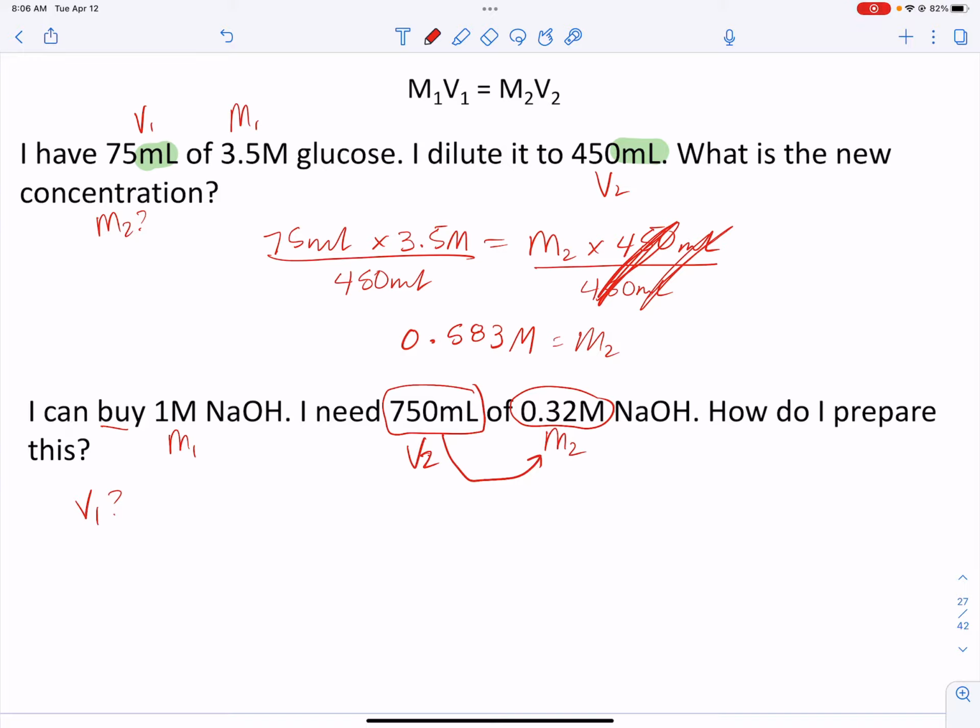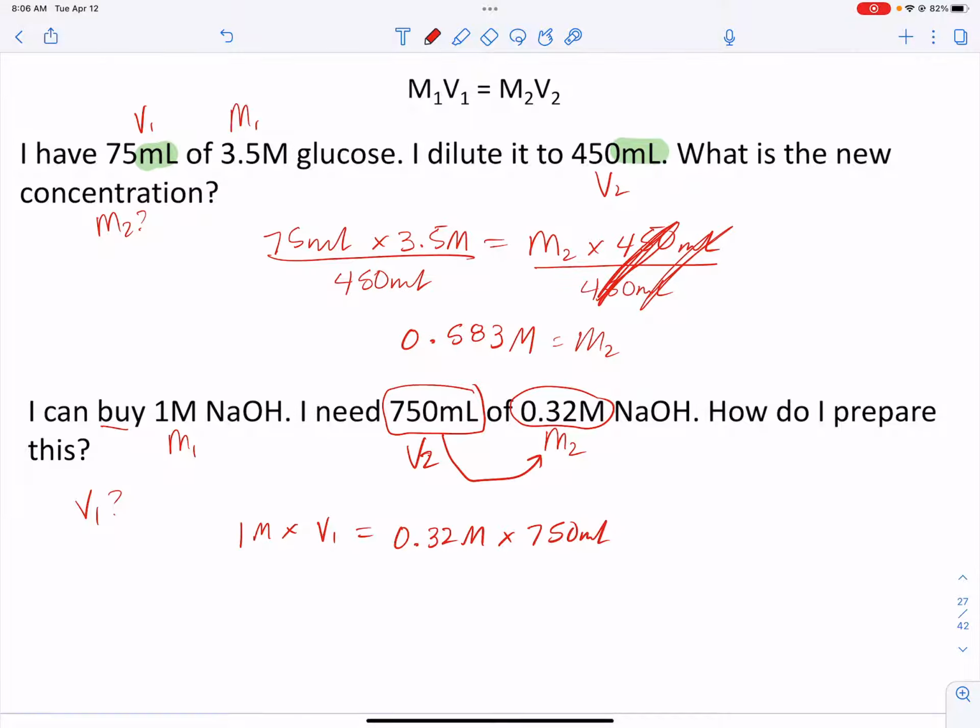All right, so now if we're looking for V1, we know M1, which is 1 molar, times V1 is going to be equal to 0.32 molar times 750 milliliters. Okay. We don't have to convert milliliters to liters here. It's fine to work this with milliliters. We just have to understand that units on our answer are going to also be in milliliters, since that's the starting unit for volume.